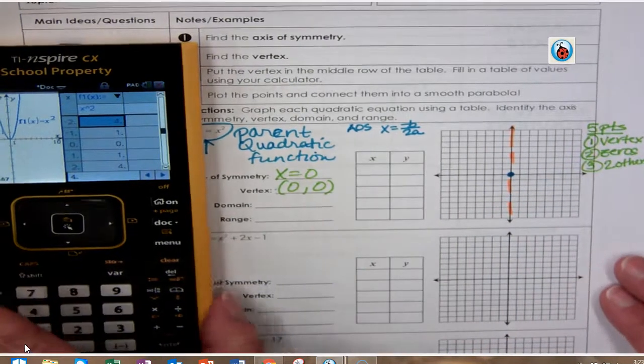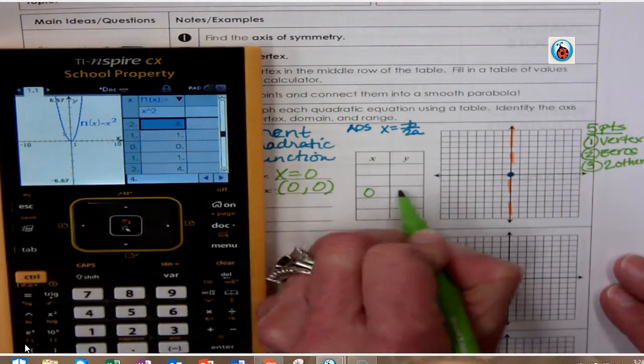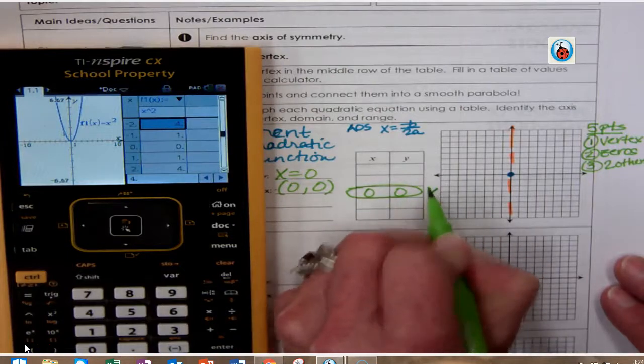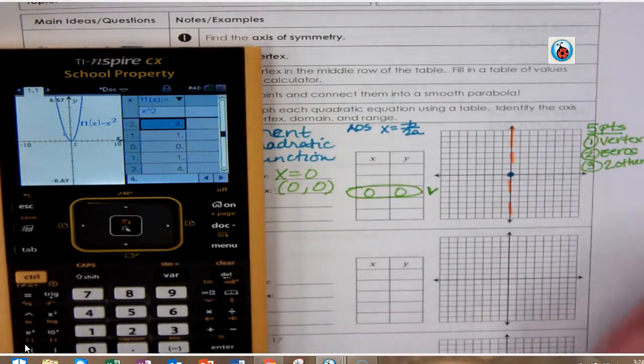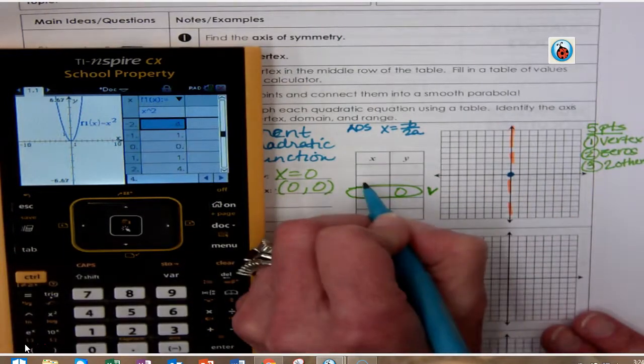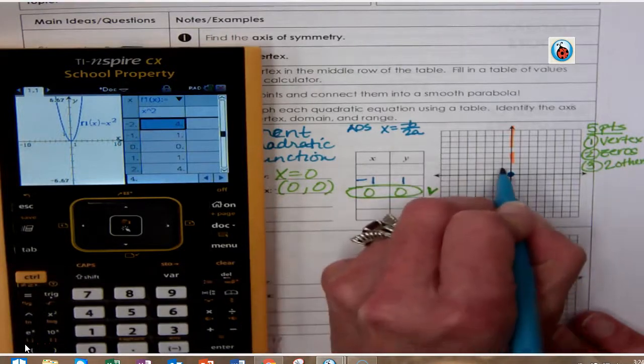So going back to the graph, I'm going to put my vertex here, and I would suggest you circle it. Put a V by it so you know that is your vertex. Then I can start looking around. What's happening around my vertex? At -1, y is 1.